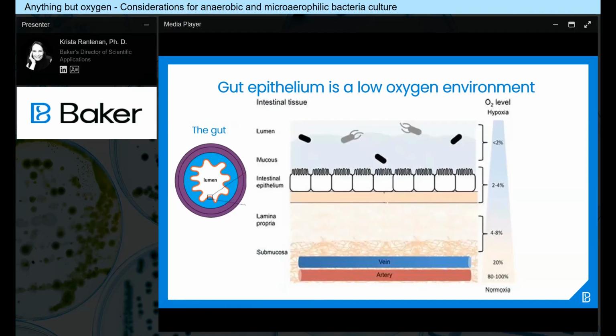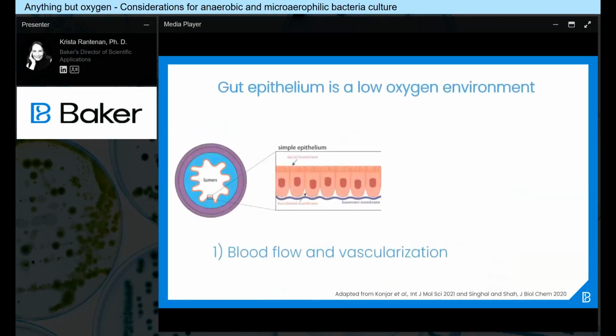That steep oxygen gradient creates a very unique physiological demand on those microbes that are in the gut. And these are the key factors that contribute to why this region is so low in oxygen.